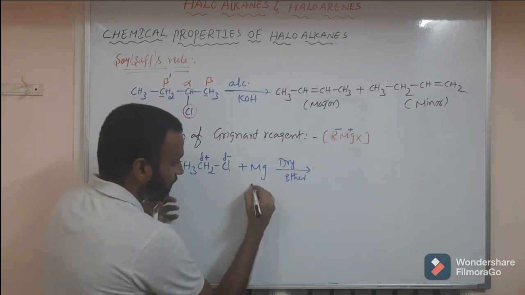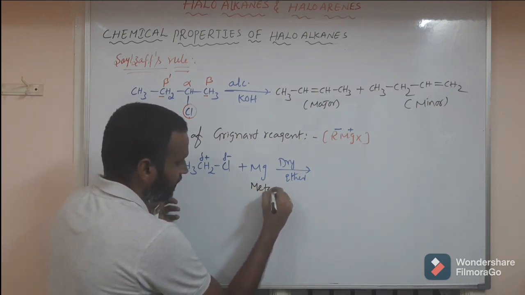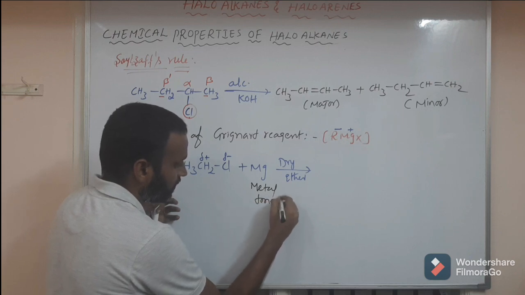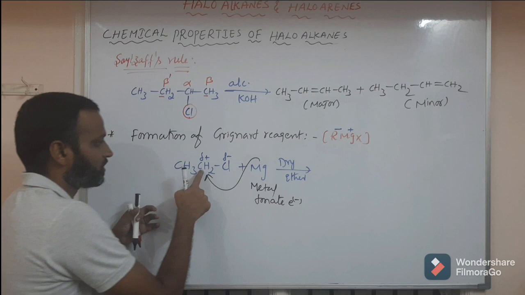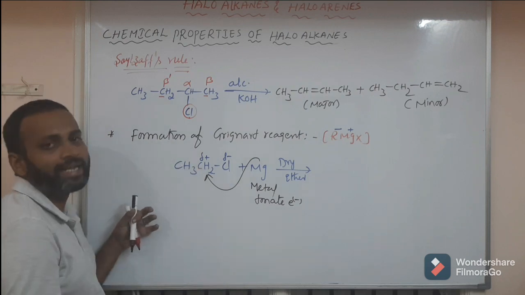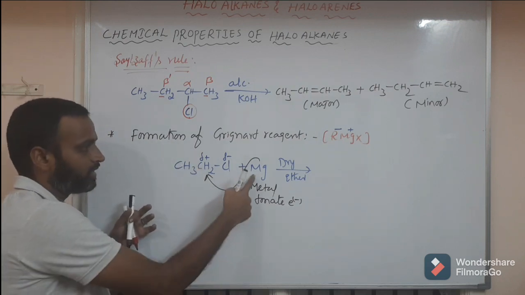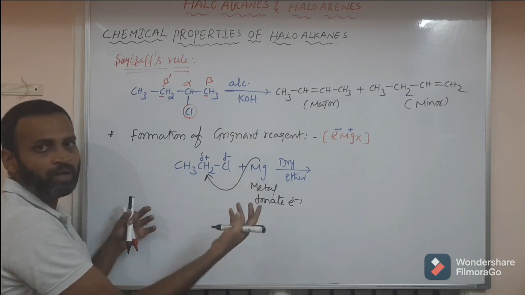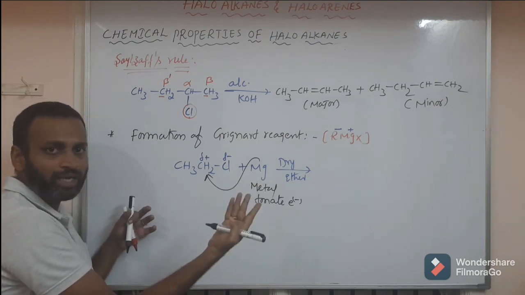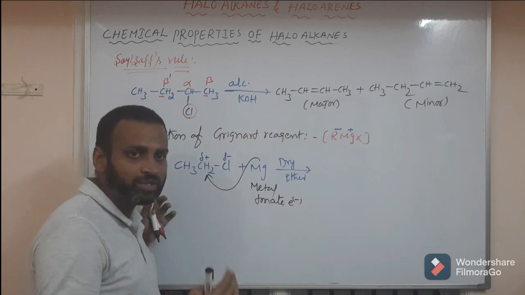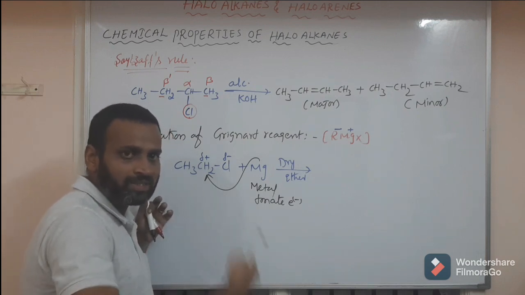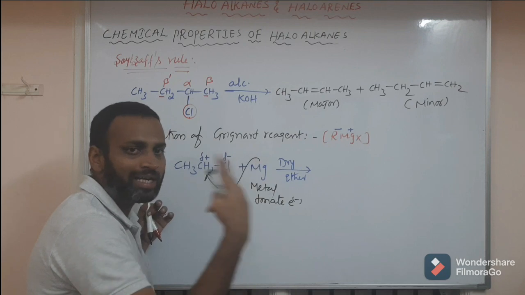What is the use of magnesium? Metal. Does metal donate electrons or not? Yes. So this metal donates electrons to this, and this way this positive will become negative. Mg plus 2, because magnesium will lose 2 electrons. Magnesium can lose 2 electrons because its configuration is 1s2, 2s2, 2p6, 3s2, so it can lose 2 electrons from 3s.